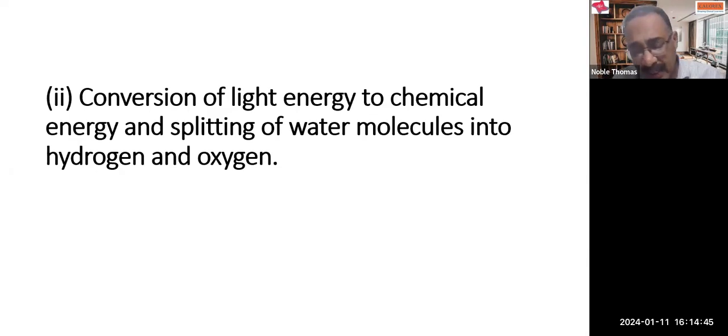Once the energy is given to the electrons, they set off a chemical reaction, and they end up making some chemicals. There are many chemicals which we have discussed in the class also, or you must have heard of previously, that NADPH or ATP, these kinds of molecules which can store energy for some time and can release it whenever it is required. So it's a kind of reversible chemical reaction where you can charge and discharge.